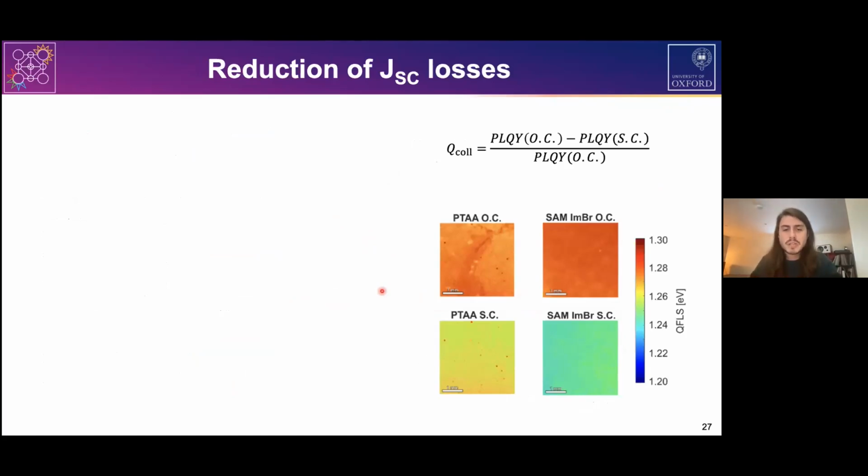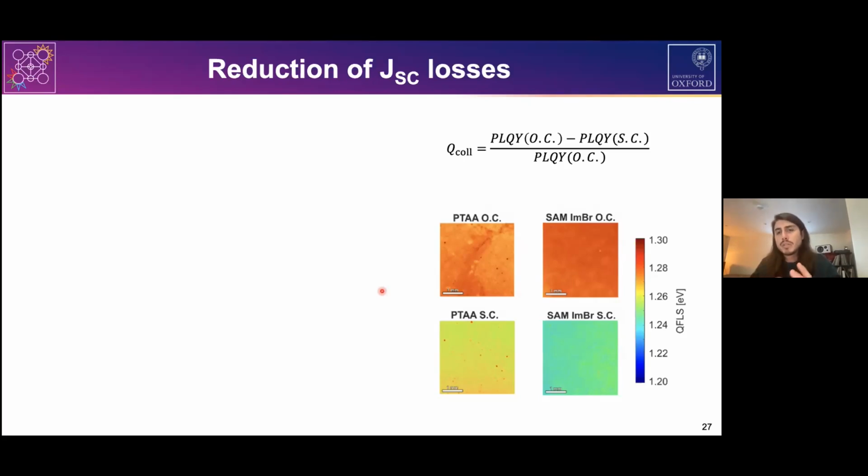Here we decided to approach the JSC improvement with a maybe unusual characterization method. We decided to record PL maps of a full device under open circuit and short circuit conditions.